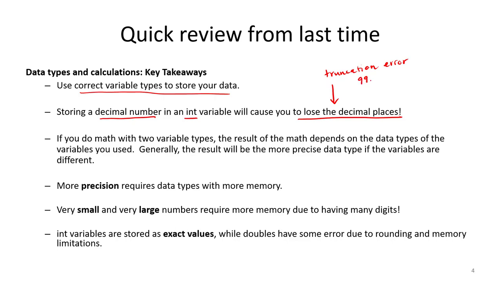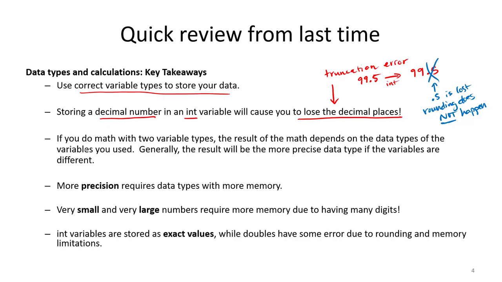For example, if I try to store 99.5 in an int, only the whole number will be stored, the 0.5 is lost. And remember, rounding does not happen.